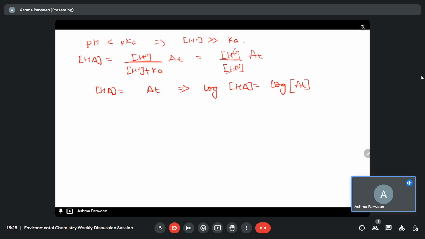And we can write from 2: the concentration of A minus is Ka upon H plus plus Ka into At, and since pH is less than pKa, H plus is much greater than Ka, we can write it in the form of Ka upon H plus into At. We will take log on both sides.